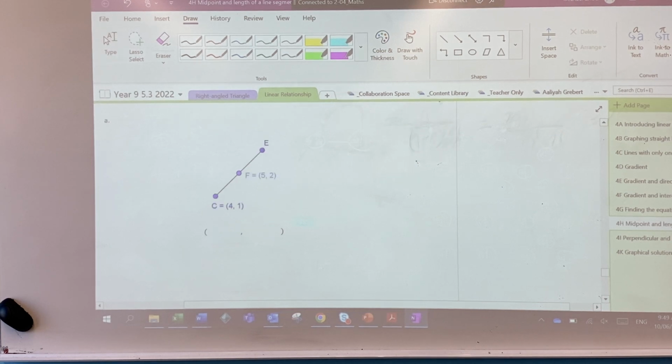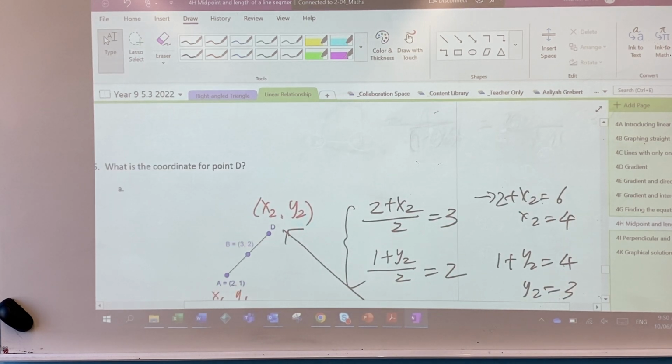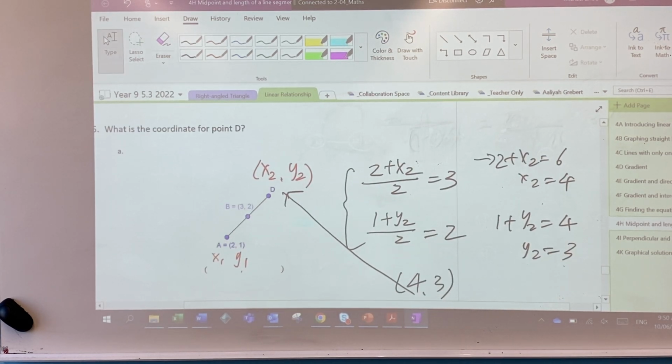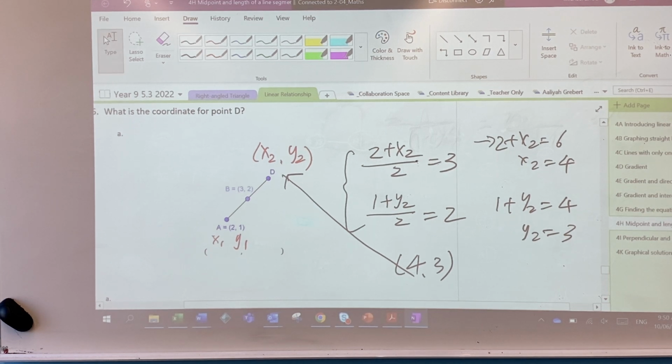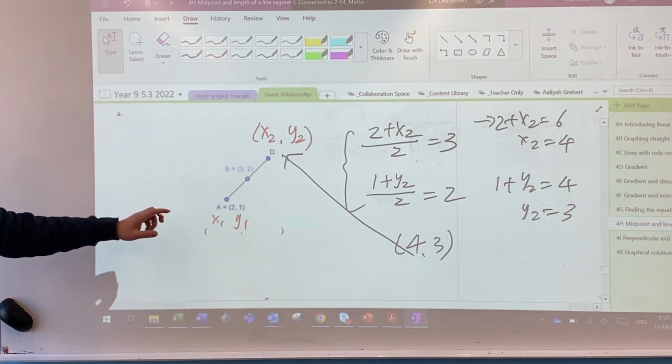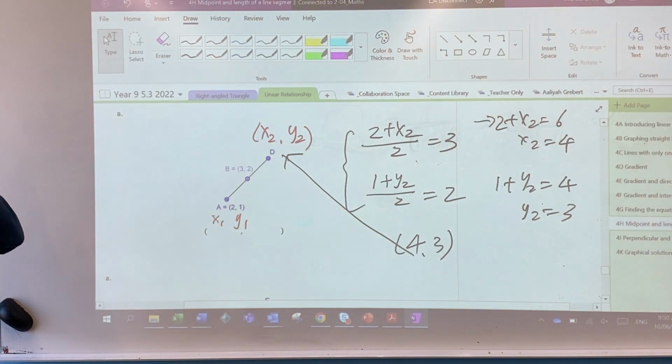Can you guys try? Let me just see. Does it matter which one's x1, which one's x2? Oh, I normally call from left to right. Does it matter though? Which one you mean? Look, which one you label x2 or x1?